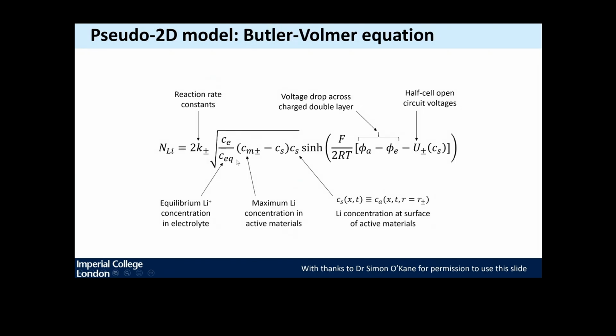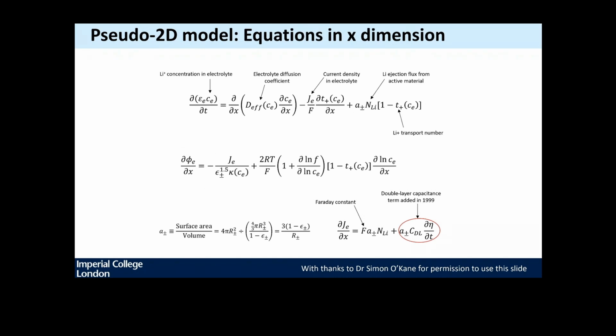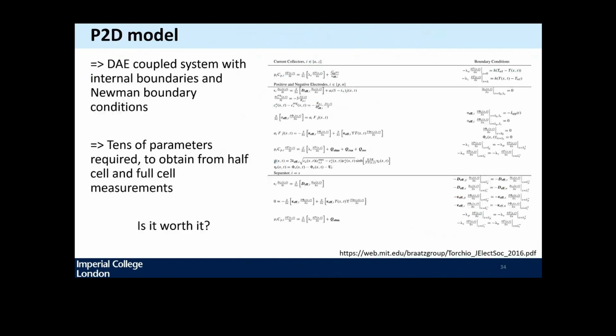You need to find some equilibrium concentrations, and you need to find the reaction rate constants. And obviously you need to know the Nernst potentials for the two electrodes, and so on. So you do end up having tens of parameters and a system that is difficult to solve.